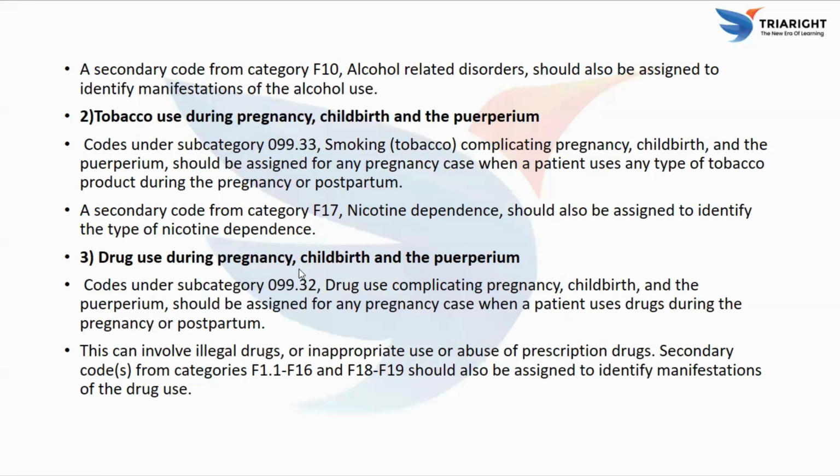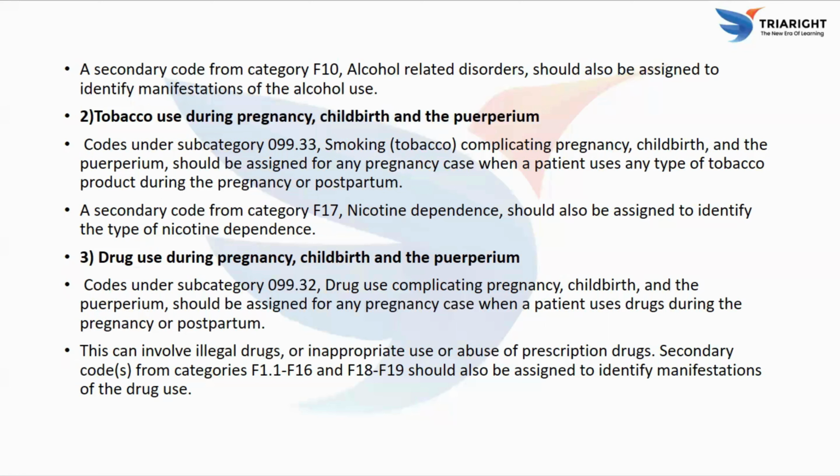So the next guideline is about drug use during pregnancy, childbirth, and puerperium. You have to use the O99.32 category code when a pregnant woman uses drugs during the pregnancy or postpartum. This includes illegal drugs, for example, heroin and cocaine, misuse of prescription drugs, for example, opioids and sedatives, and also inappropriate use of medications. You have to add a secondary code from F11 to F16 or F18 to F19 depending upon the type of drug.